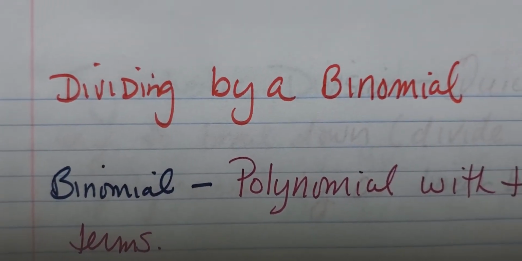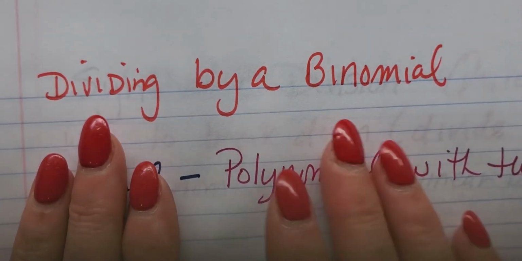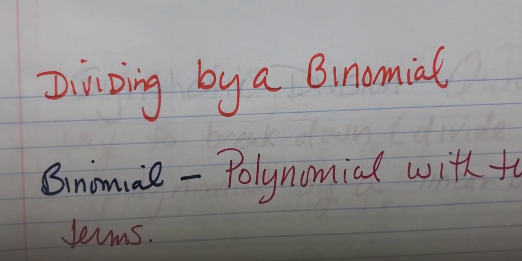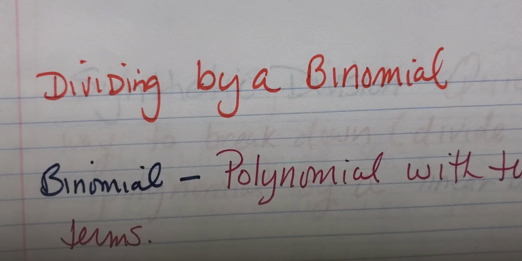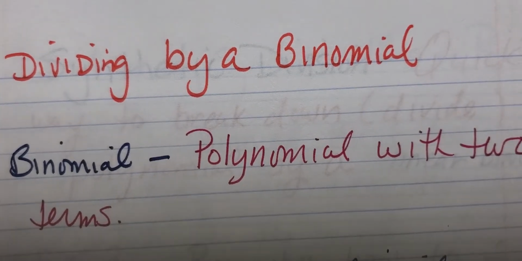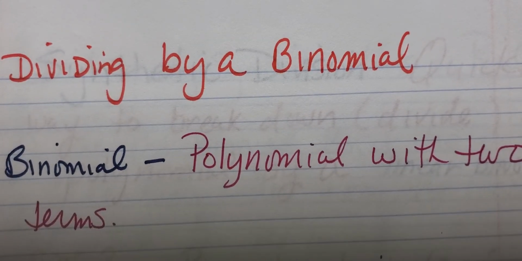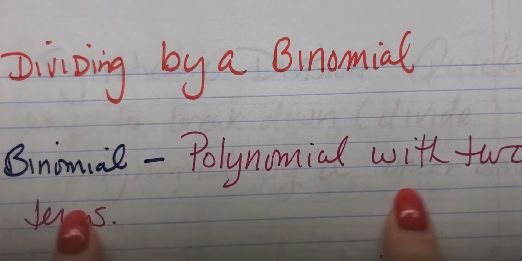Okay, so the big thing I want to do today is now we're going to start dividing by a binomial. Let's review what a binomial is. A binomial is a polynomial with 2 terms.